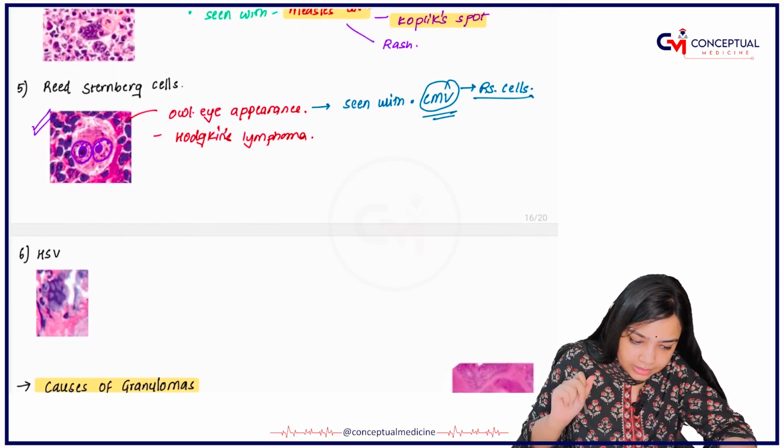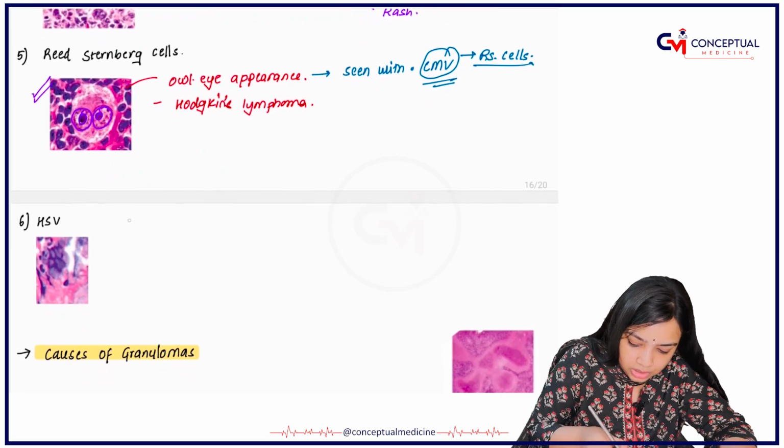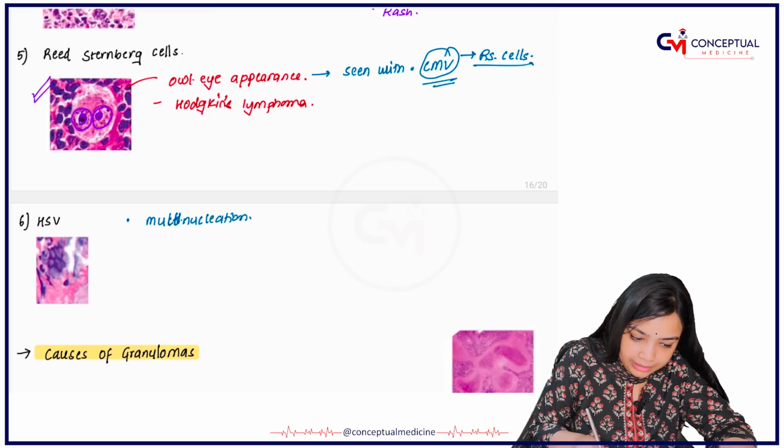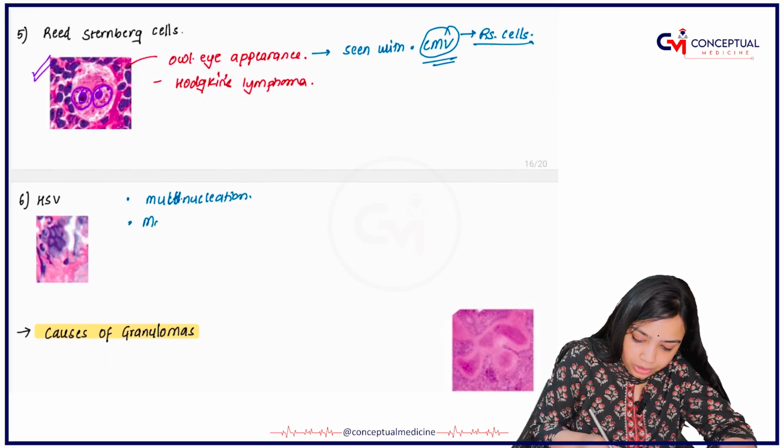Next thing that we have is the HSV. Now, what is HSV? HSV is basically multinucleation. It is the multinucleation, and it is the molding of nuclei.